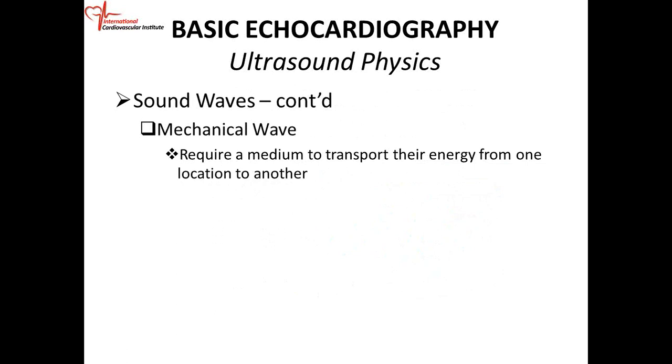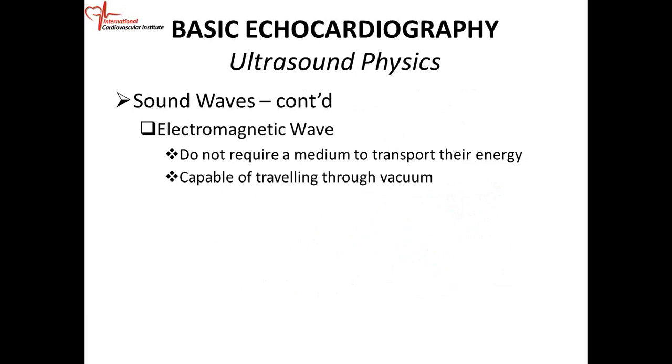As we mentioned before, mechanical waves are different from electromagnetic waves in that mechanical waves require a medium to transport the energy, whereas electromagnetic waves do not require a medium. You can transmit an electromagnetic wave in a vacuum.